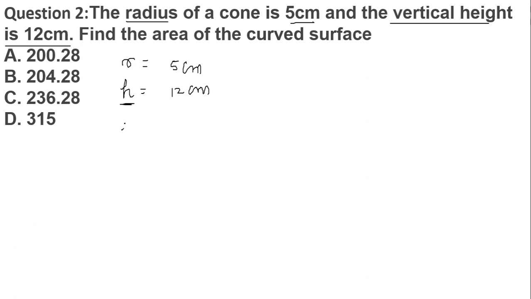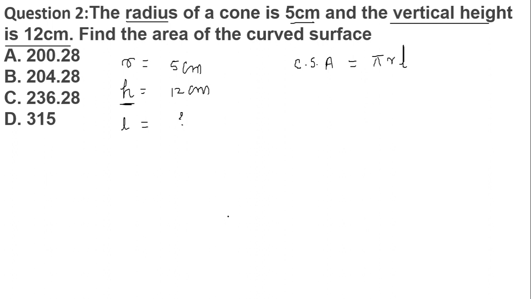So we have to first find the slant height, because the formula for the curved surface area is pi r L. The options given here are 200.28, 204.28, 236.28 and 315. So we'll find the slant height first.